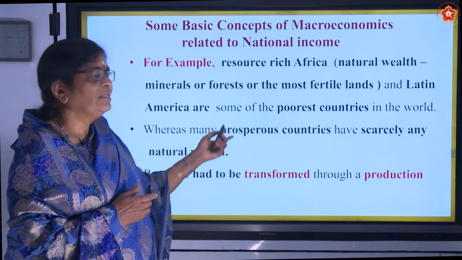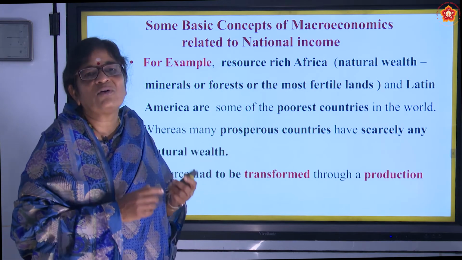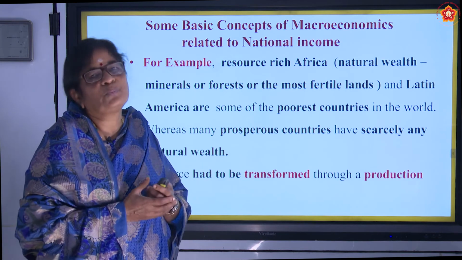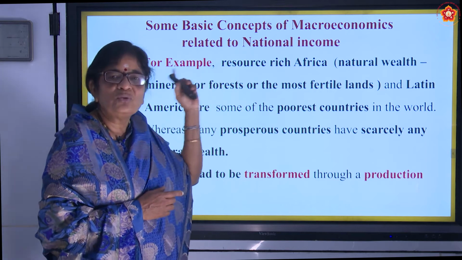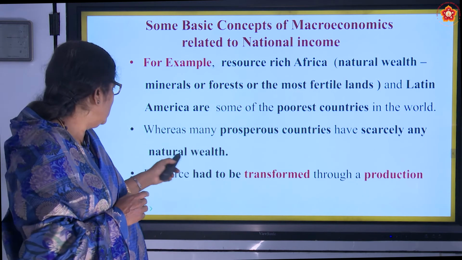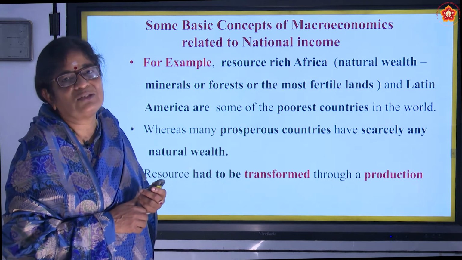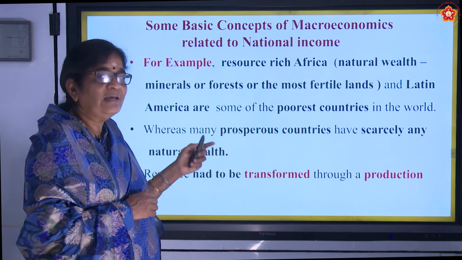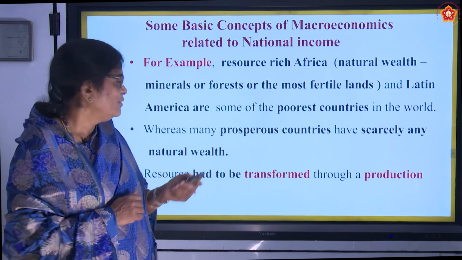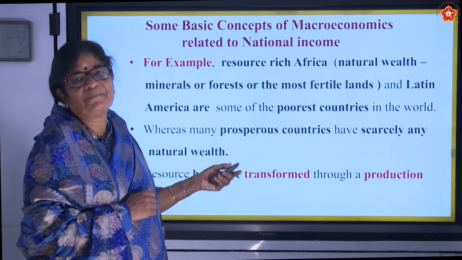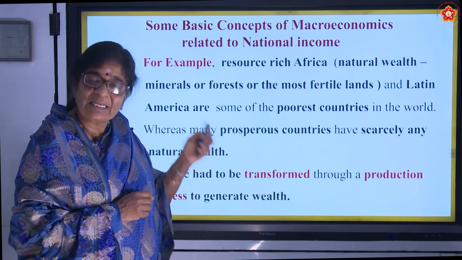The reason is they don't efficiently involve all the natural resources in the production process, they don't produce much, they don't use the resources efficiently. Whereas prosperous countries like Australia, UK, USA, what is happening? They are very scarce in natural resources, but they are considered to be rich nations. They are poor in natural wealth, but they generate income.